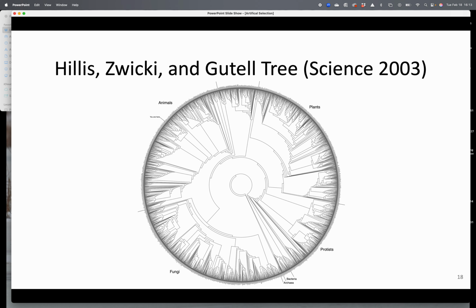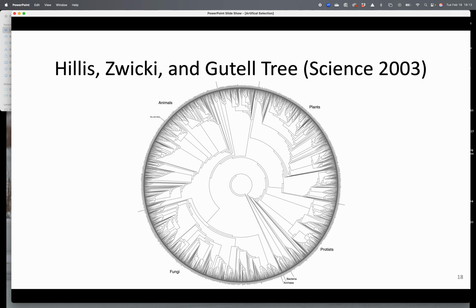Here's a very modern version. This is a phylogeny of 3,000 species that include everything from archaea to bacteria to protozoans to plants to fungi and animals. Human beings are right here on this figure. This is a circular phylogeny that is basically designed to get at the unity of life.